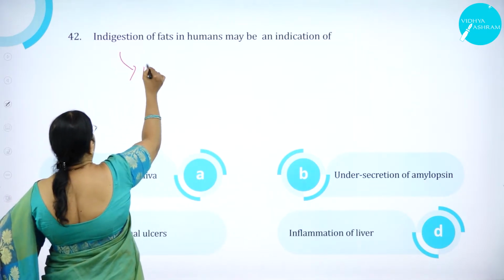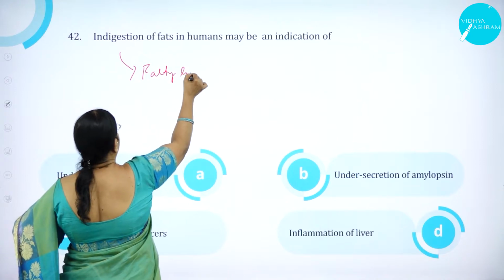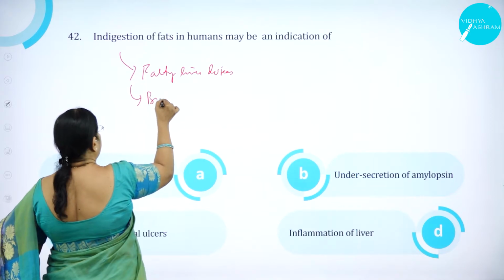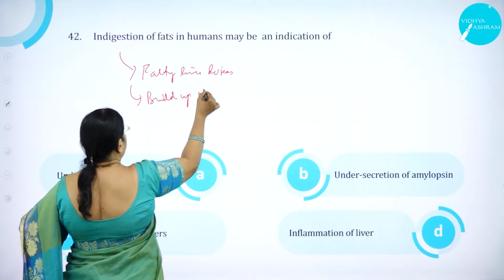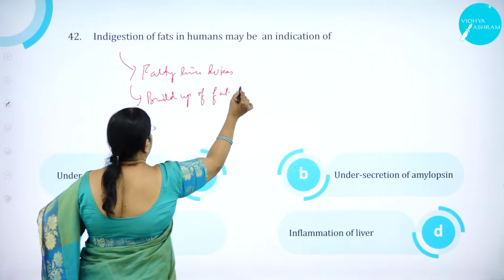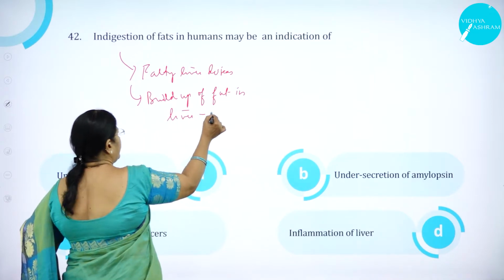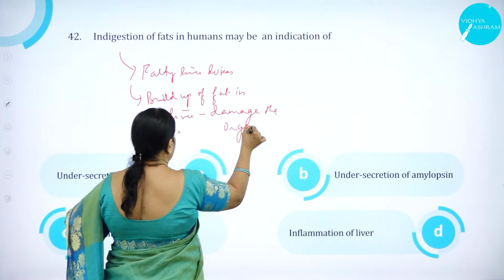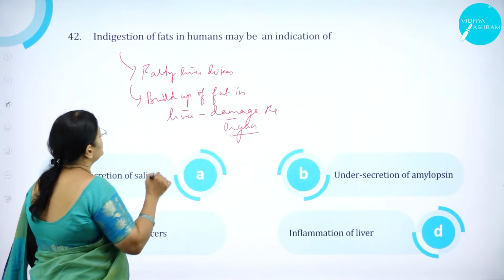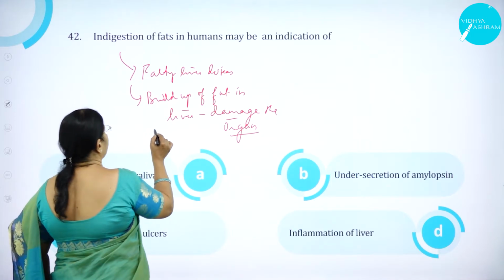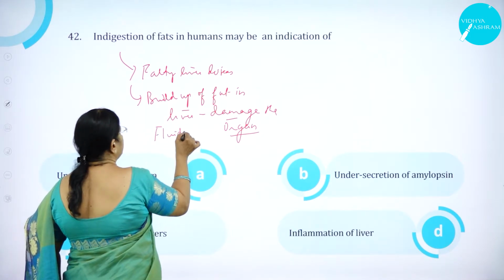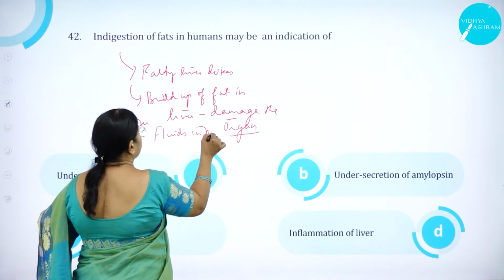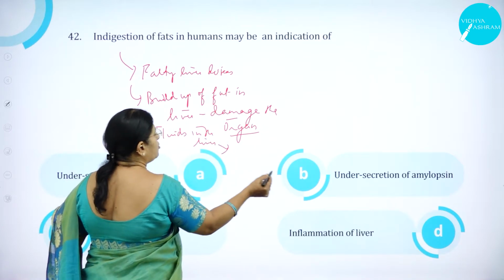Indigestion of fat will cause fatty liver disease. And this is nothing but buildup of fat in the liver, which is going to damage the organ. So there will be accumulation of fluids called ascites, fluids in the liver, which will lead to what?